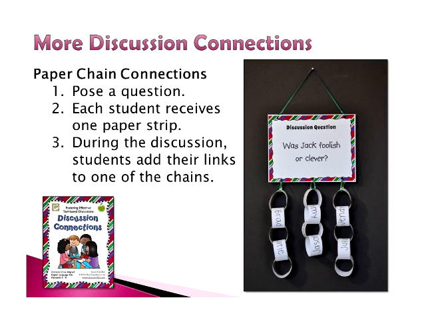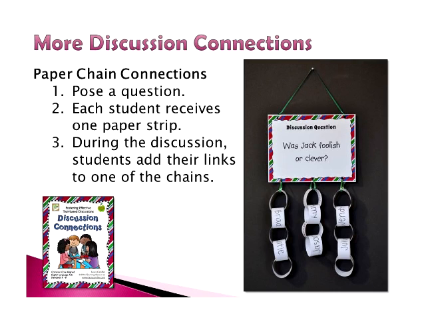Okay, another activity that would be kind of an extension beyond that would be, instead of having the kids get up at the front and link arms, which can be a little bit artificial because it implies there's one way of connecting. But if you think about a real conversation, there's multiple ways of connecting. So if you think about Jack and the Beanstalk, and you have a question like, was Jack foolish or clever?